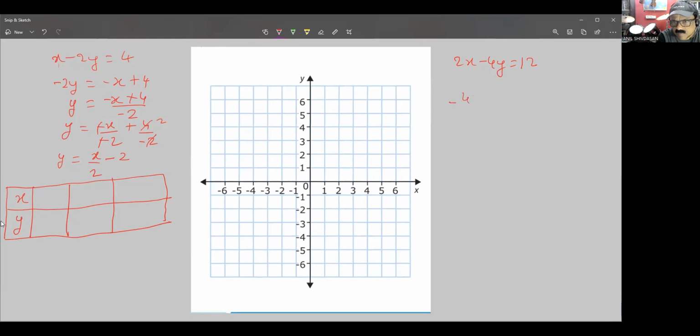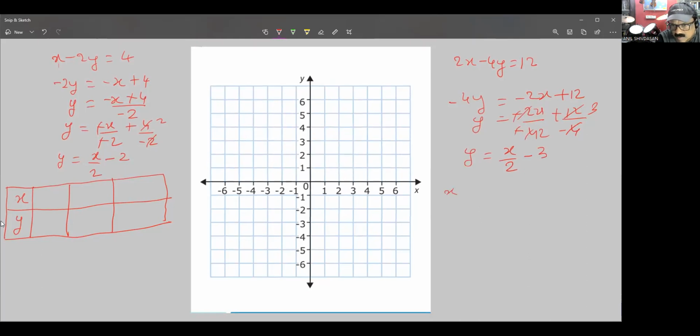So minus 4y is equal to minus 2x plus 12. So y is equal to minus 2x upon minus 4 plus 12 upon minus 4. So what you get is y is equal to x upon 2, the minus signs cancel, then 4 threes are 12, and the minus sign will come there, so minus 3. This is the equation.